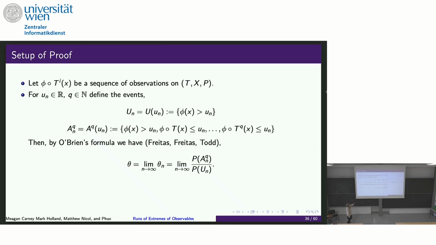And then we can use this version of O'Brien's formula, which gives us an estimate of the extremal index in that setting.